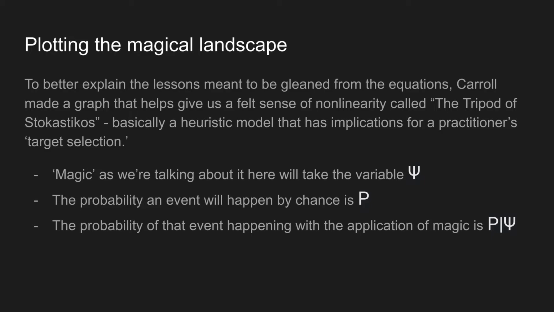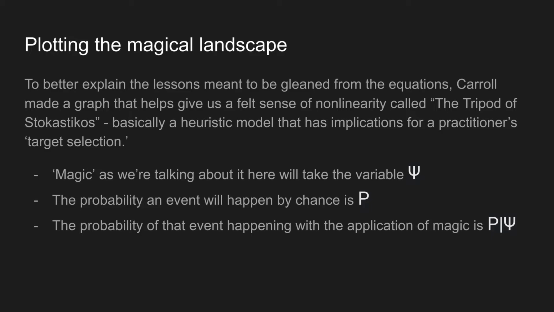And then our next variable is going to be p, which is the probability of an event happening by natural chance. These are both going to be measured between 0 and 1. When I say between 0 and 1, I mean basically a floating point, a decimal number that could be 0.000000001.